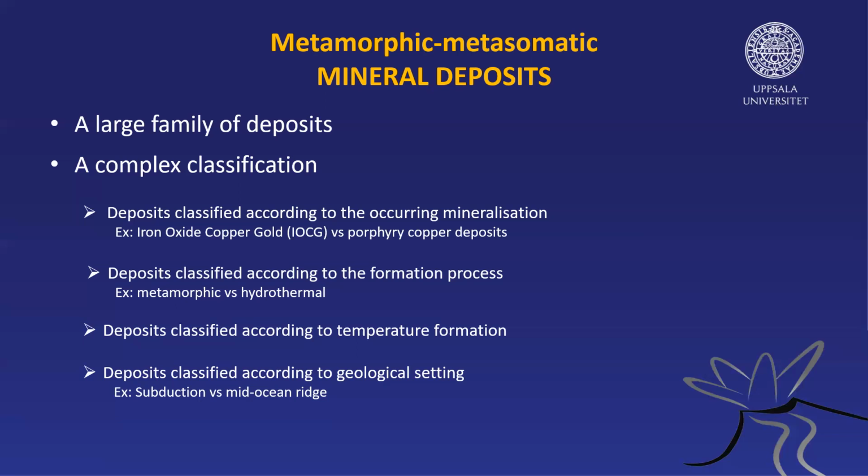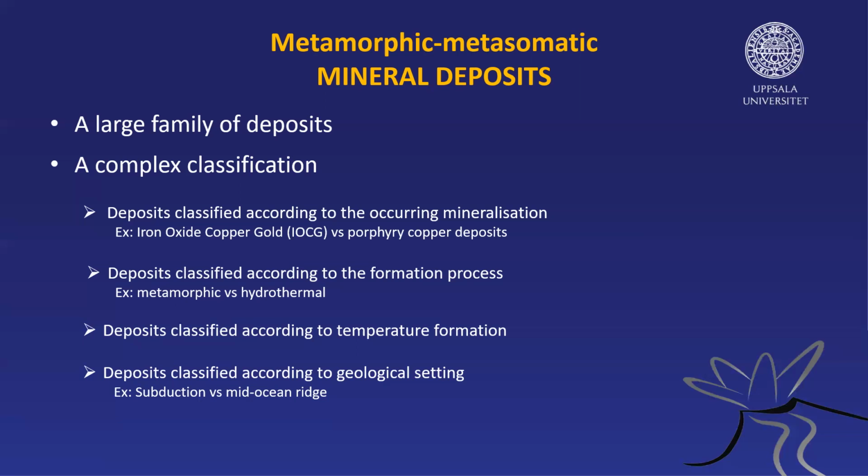Deposits classified according to the formation process. We will see that a little bit later. Deposits formed during metamorphic processes, opposed to deposits formed during hydrothermal activity. Well, usually when you have metamorphism, you might expect some hydrothermal activity. Sometimes distinguishing between the two processes is very complex, very difficult.